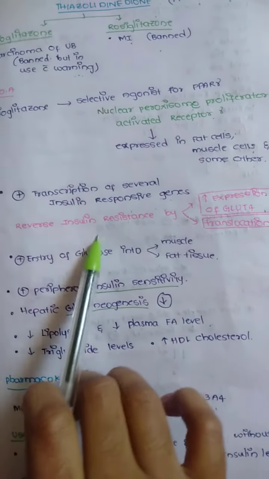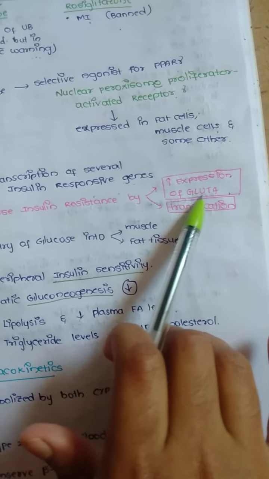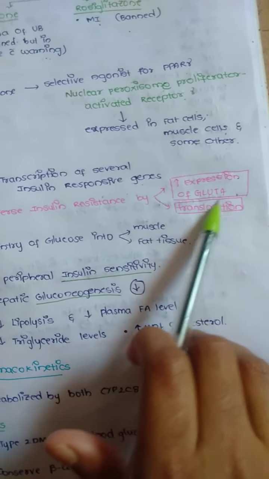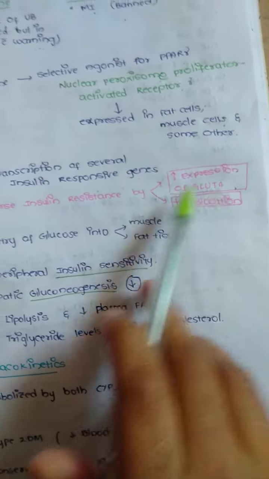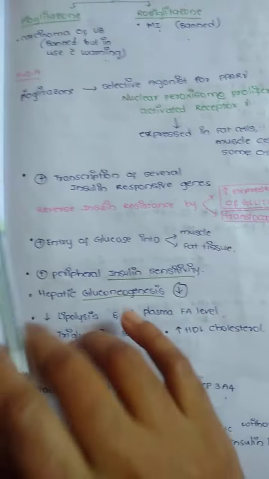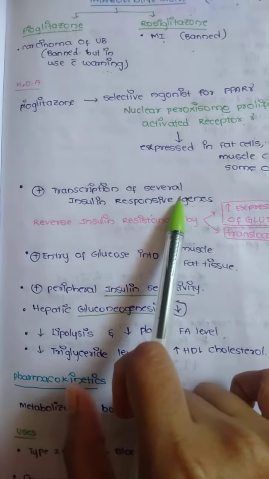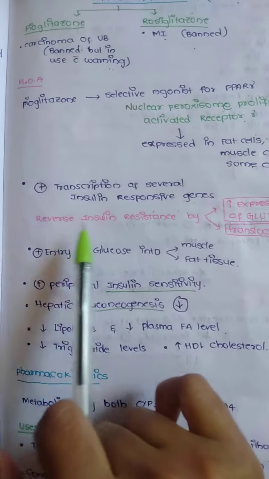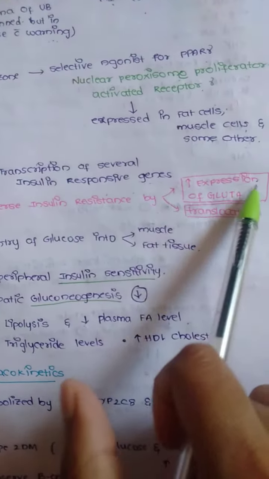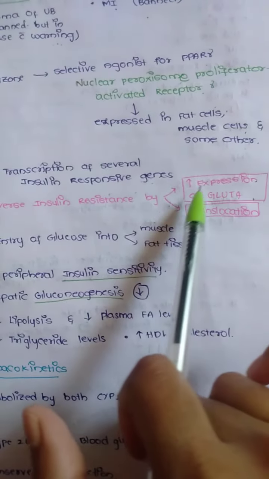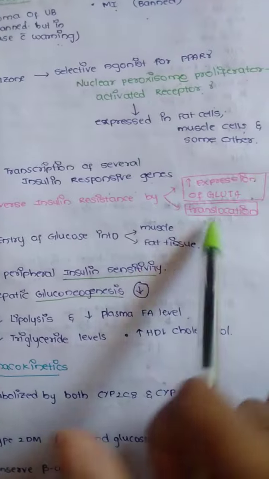so that it reverses the insulin resistance by increased expression of GLUT4. GLUT4 is the receptor which increases the absorption of glucose into the cells, and also translocation. It increases the transcription of several insulin genes so that it reverses the insulin resistance by increasing absorption of glucose through increased expression of GLUT4 and translocation.